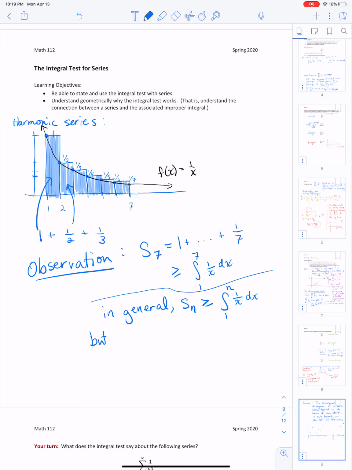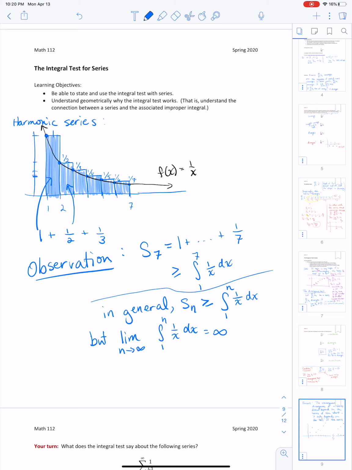So we know from our investigation of improper integrals that the limit as n goes to infinity of the integral from 1 to n of 1 over x dx is infinite. There's an infinite amount of area here.